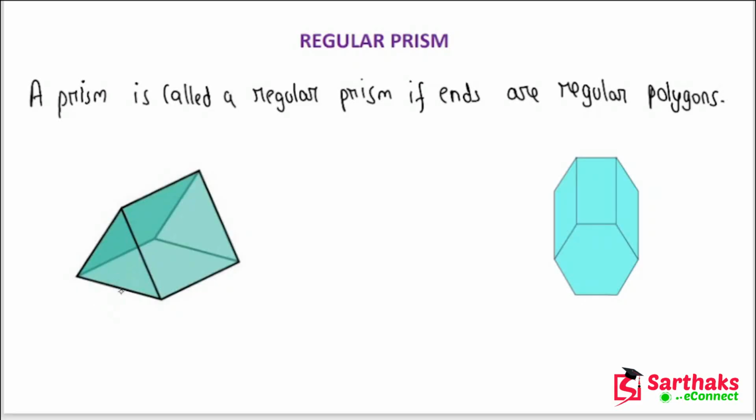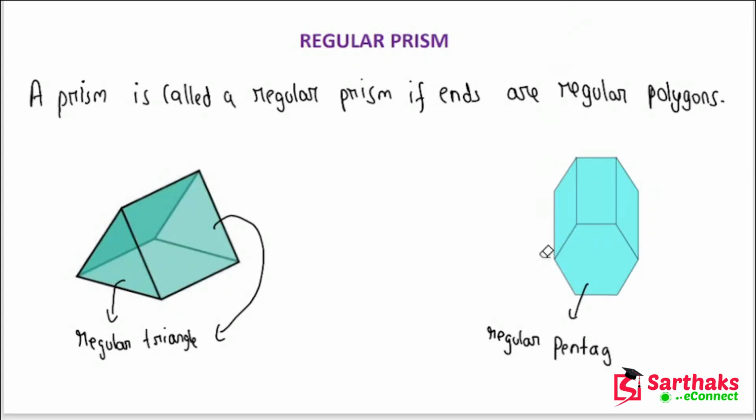This base, this is a regular triangle, right? You can clearly see that a regular triangle is basically equilateral. Similarly, if this pentagonal prism is a regular prism, then this must be a regular pentagon.